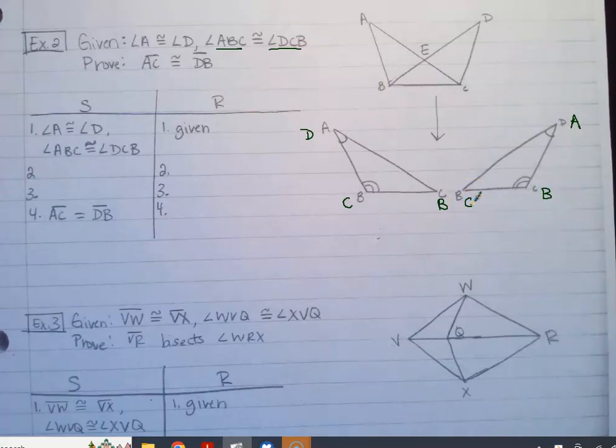Okay, so if we want to prove that AC is congruent to DB, and we've got two angles congruent, any ideas of what we could do?